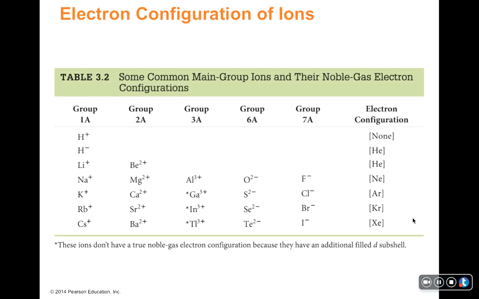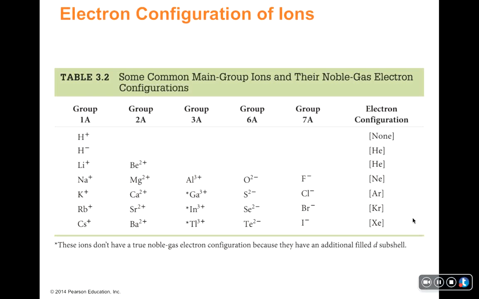Again, this is just some of those main group ions, and what is referred to here is their noble gas configurations. This is another way of saying, I mentioned before about this octet rule, so atoms want to get to 8. They either want to lose or gain electrons to have 8 electrons in their outermost shell. And I'll show you some more examples of that in a bit.